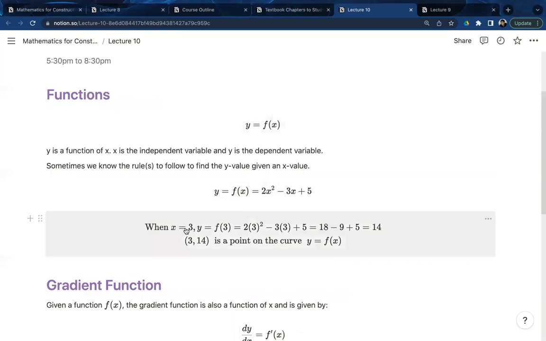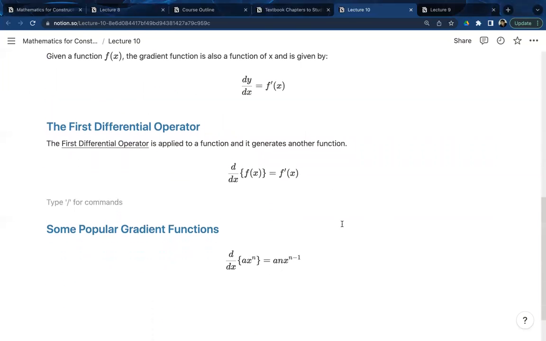You see how f takes a value 3 and maps it to 14, right? A differential operator is also a function, but it operates on a function, not on a number. When you give it a function, it gives you back another function. Instead of giving it a number and getting another number, you give it a function and it gives you another function, right?